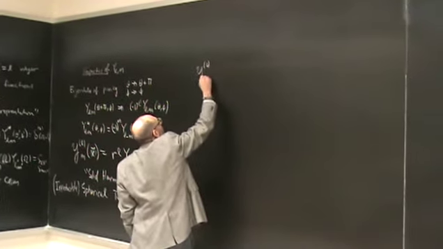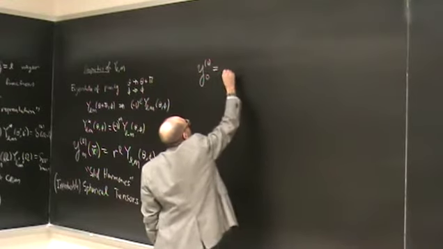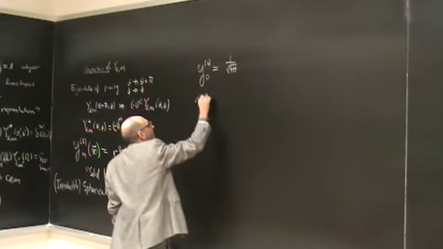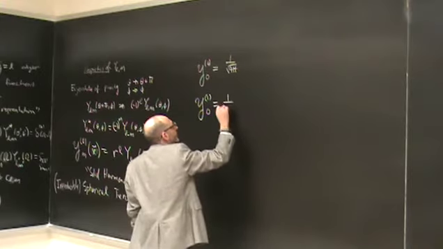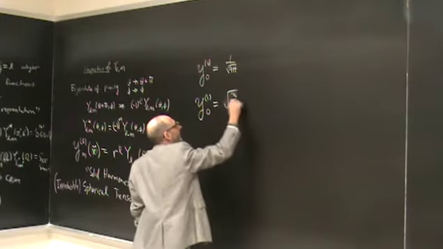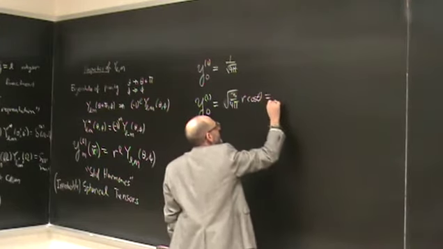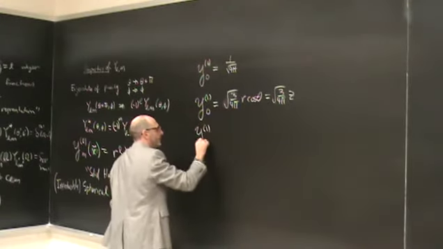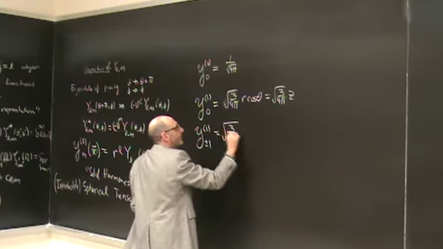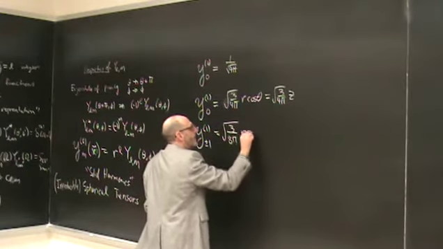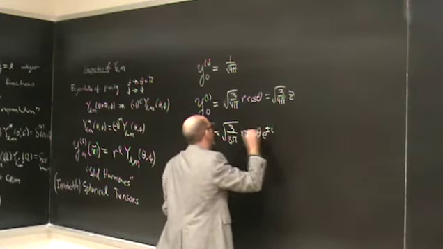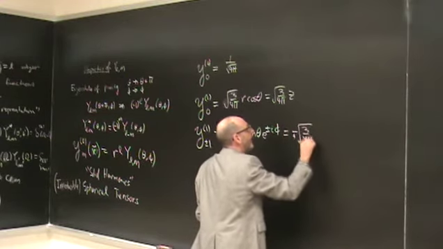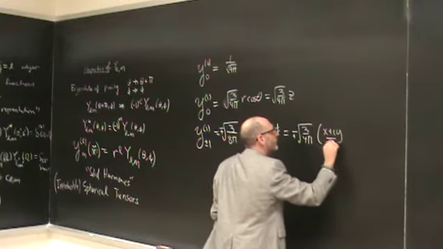Y00 is 1 over root 4 pi. Y10 is equal to the square root of 3 over 4 pi r cos theta, which is that, and Y1 plus or minus 1 is the square root of 3 over 8 pi r sine theta e to the plus or minus i phi, and there's a minus plus out there, and that's minus plus the square root of 3 over 4 pi times x plus or minus i y over root 2.